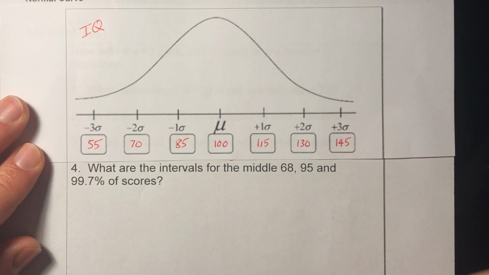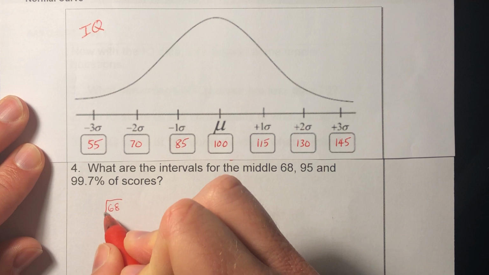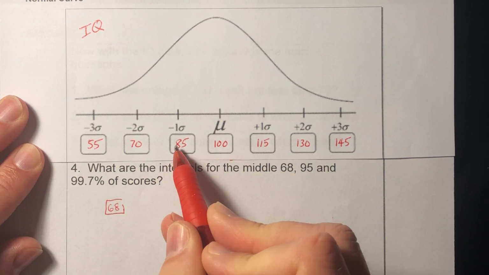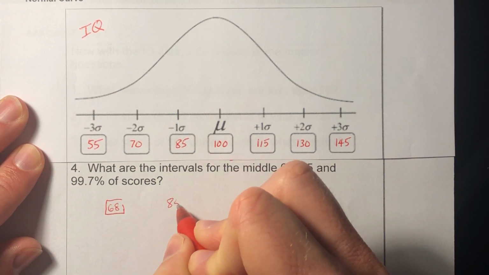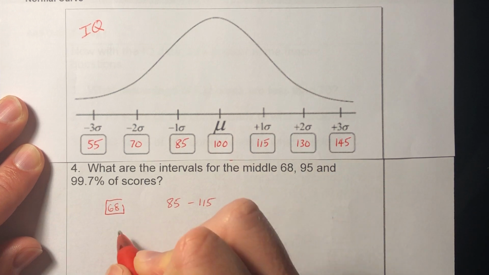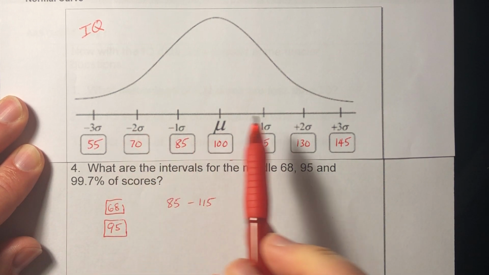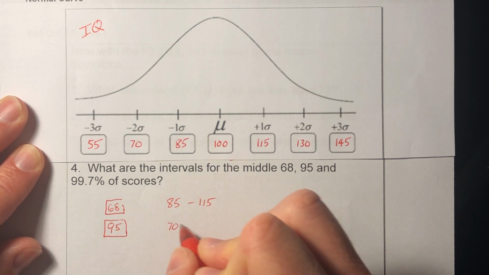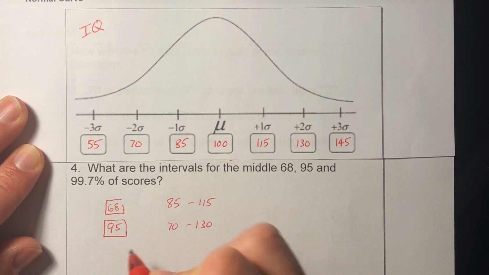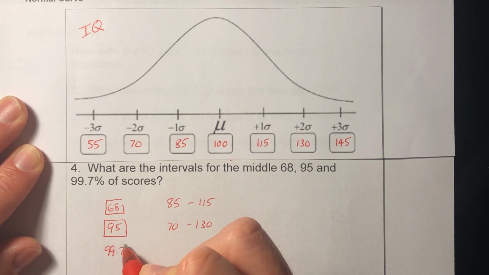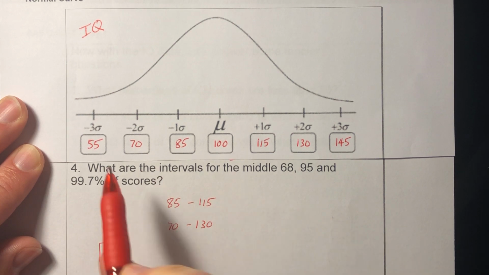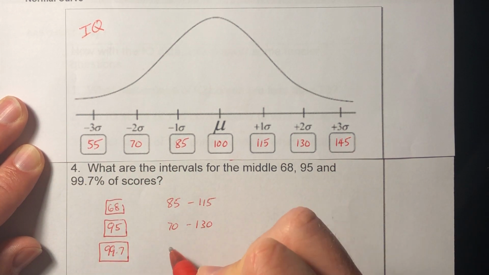Okay, your intervals. So the middle 68% for this data goes from 85 to 115. The middle 95% of your data, 70 to 130. And the middle 99.7% of your data goes from 55 to 145.